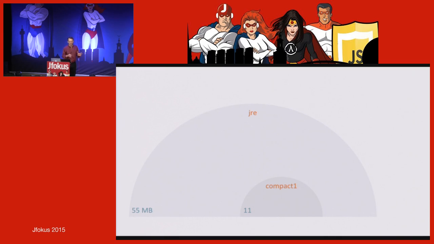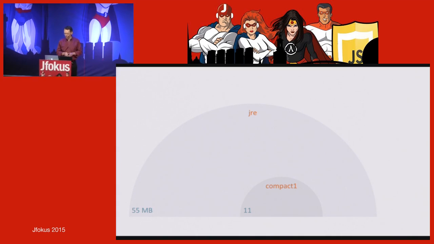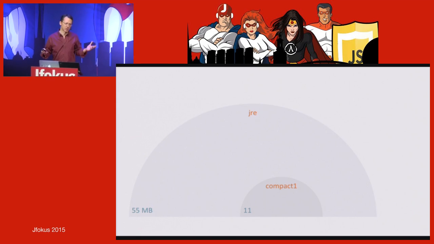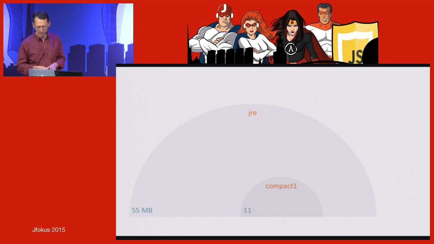It doesn't have a lot in it, although maybe more than you think. It's got a bit over 2,000 classes in it. All of the core things, java.lang, java.net, java.util, java.io, NIO, some very, very basic stuff. But it doesn't have XML support or JDBC or CORBA or other extra things.